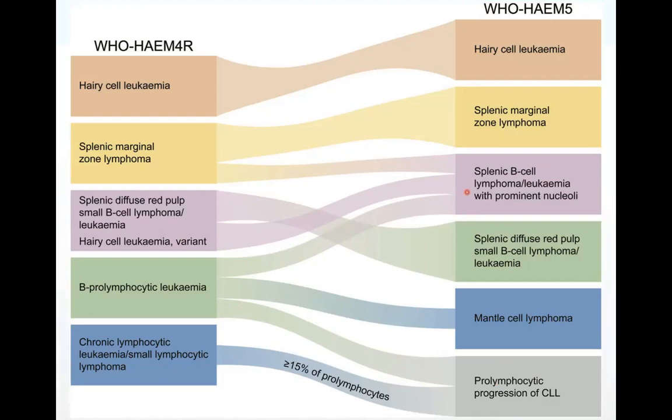Okay, and the CLL which has more than 15% prolymphocytes will be called prolymphocytic. Previously also they were called CLL/PLL, but now they will just be called prolymphocytic progression of CLL.